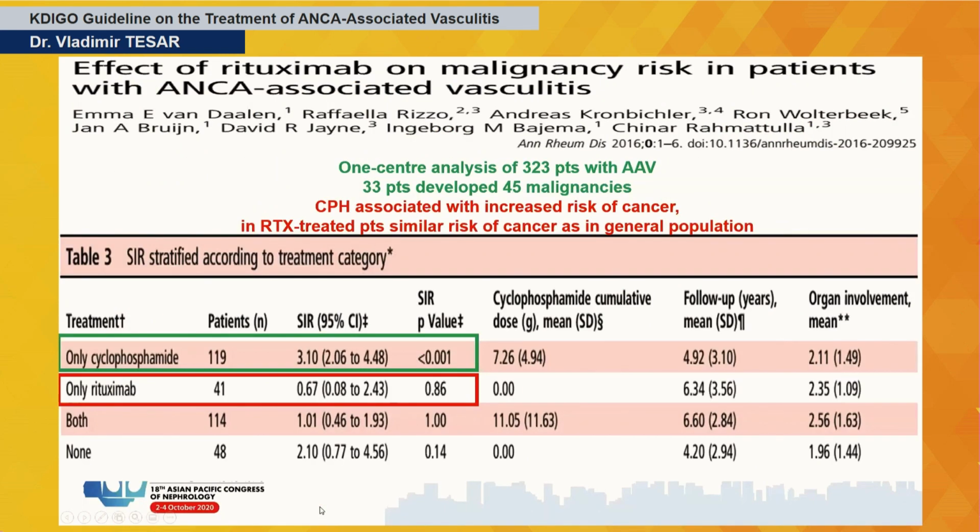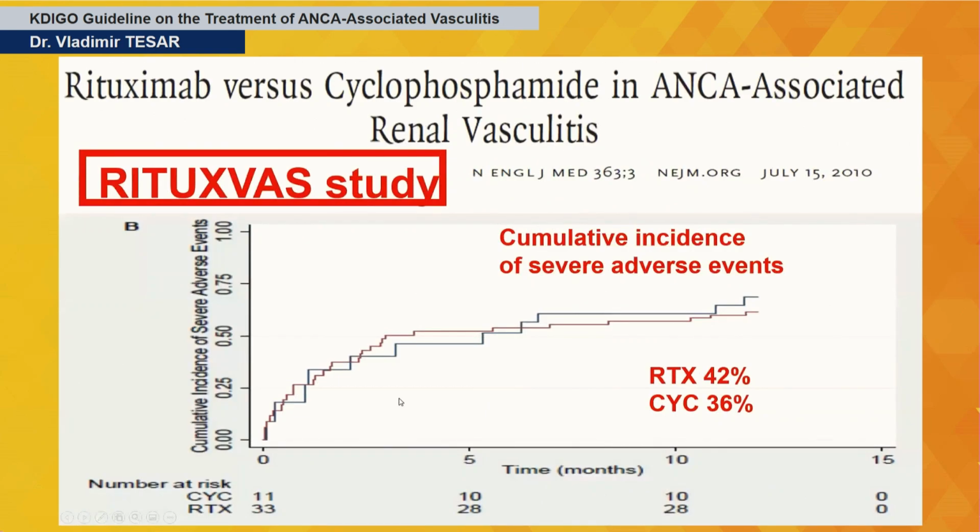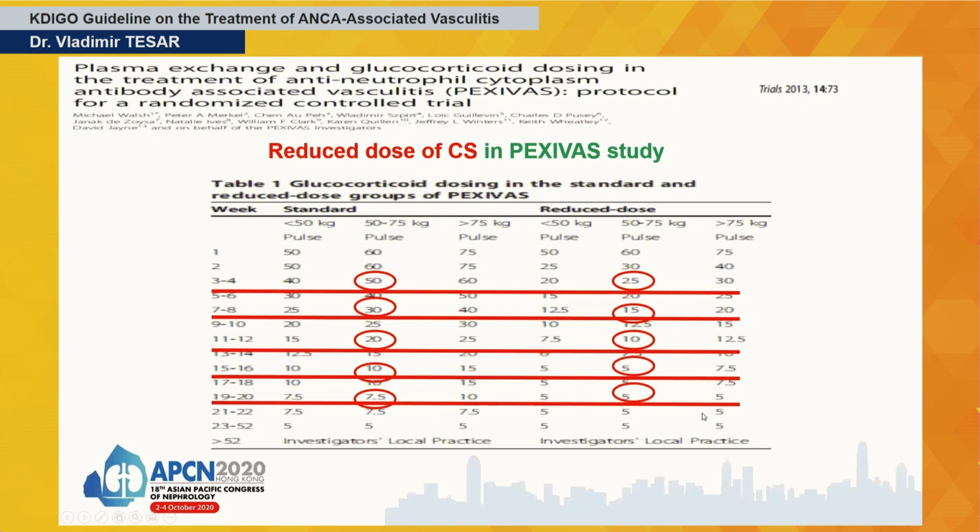And it seems that rituximab is clearly devoid of this risk because in this one-center analysis of more than 300 patients, cyclophosphamide was associated with 3 times higher risk of malignancy, and rituximab was not associated with increases of malignancy. But on the other hand, the risk of infections in the early phase of treatment seems to be not different in patients treated with cyclophosphamide and rituximab, and it seems to be related to the high dose of corticosteroids used in these older regimens.